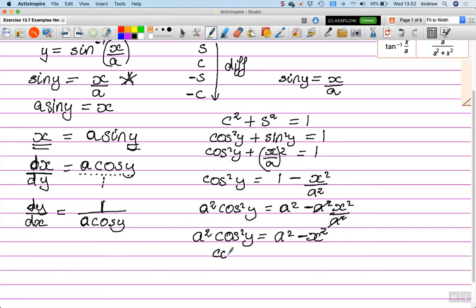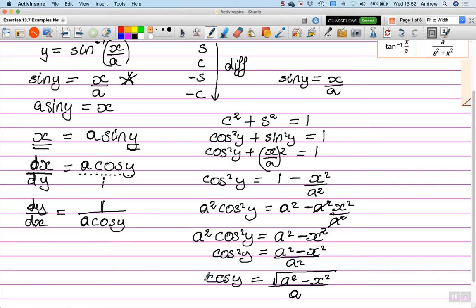Then cos squared y, dividing both sides by the a squared, is going to give me this, and therefore cos y is going to be equal to, well, if I square root the top, I'm going to get the square root of a squared minus x squared. And if I square root the bottom, I'm going to get a.